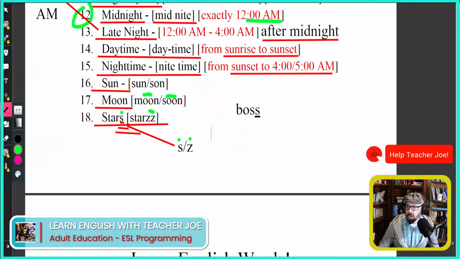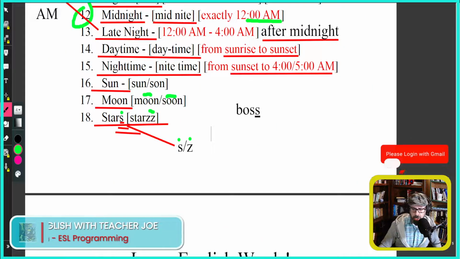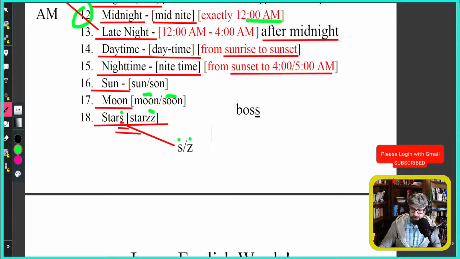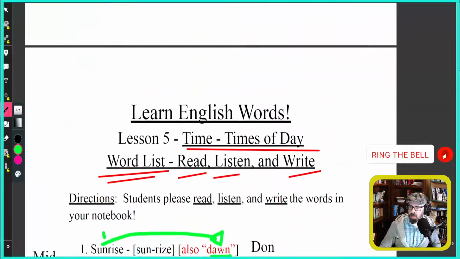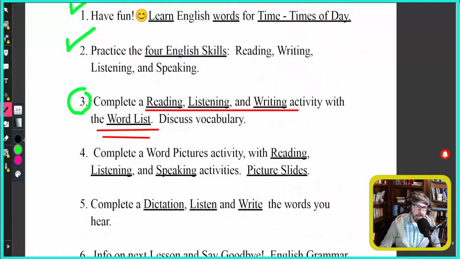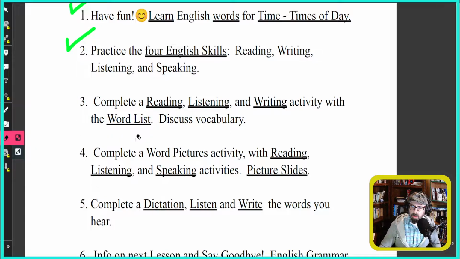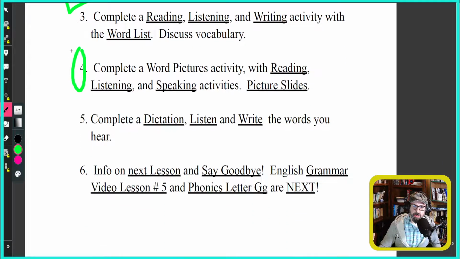All right. Let's go back to the worksheet and take a look at our to-do list. Let's go back to the top of where our to-do list is and see where we are. Number 3 is complete. So let's check off number 3. Let's move to number 4. So what is happening in number 4? Word pictures.